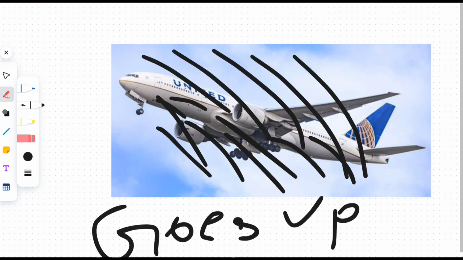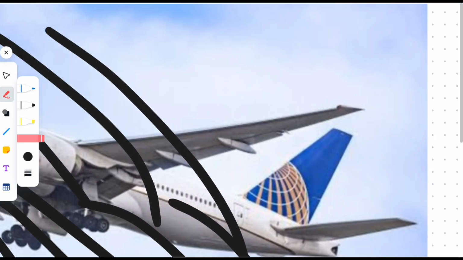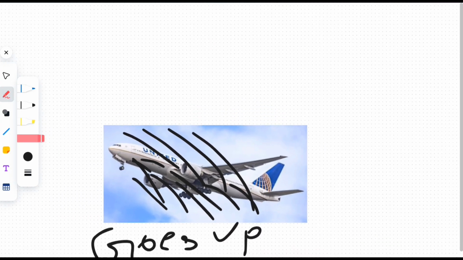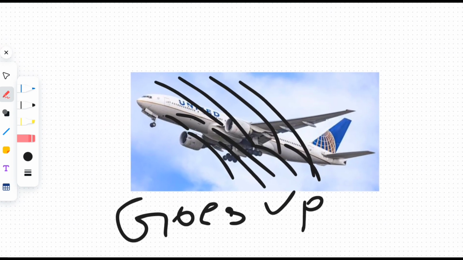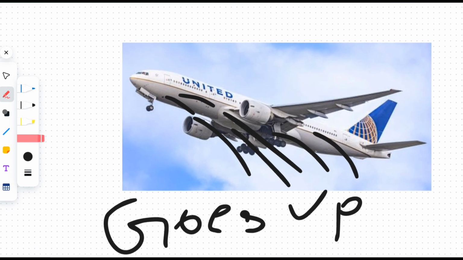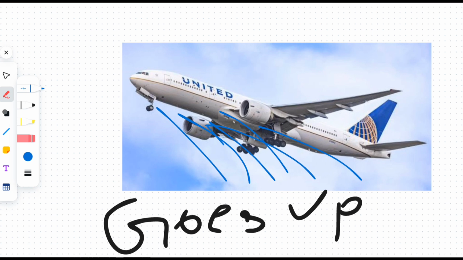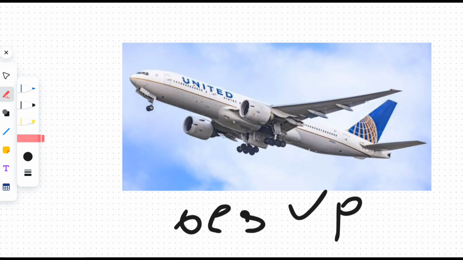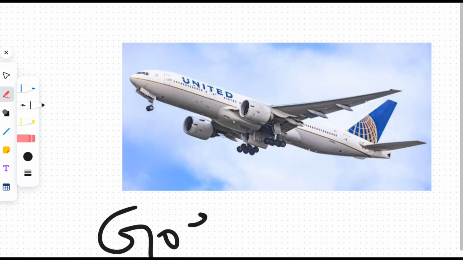The air coming from up is known as gravitational force, and air coming from the down is known as centrifugal force. The centrifugal force is the most useful air for the aeroplanes. I will be marking it in some different color. It will be in blue maybe. Let's wait for some time.